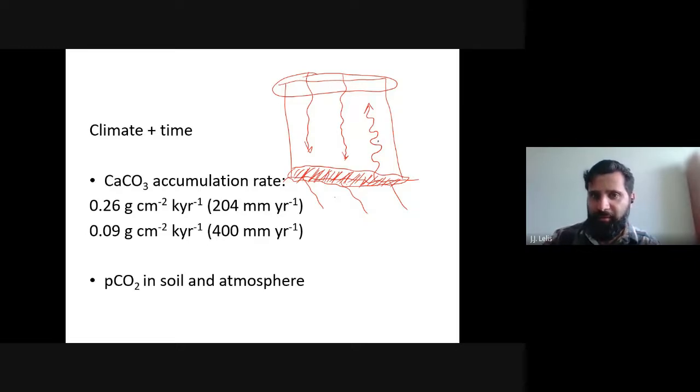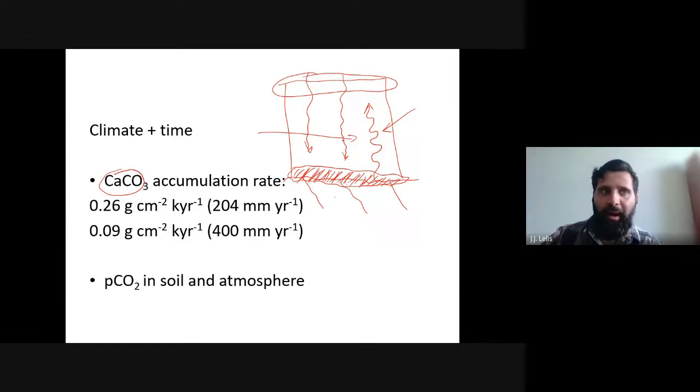And during this uplifting of the water, the calcium carbonate could be precipitated because water is released by evapotranspiration. So the evaporation of water increases the concentration of calcium carbonate in the water, and you start to precipitate the calcite in the soil.